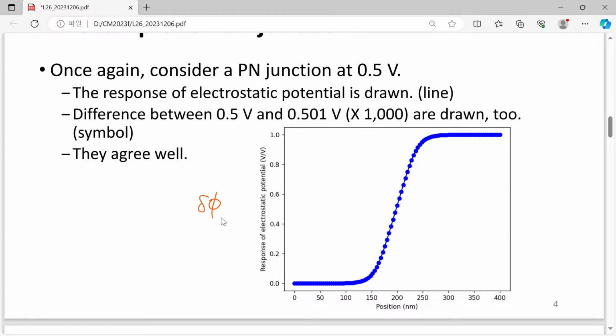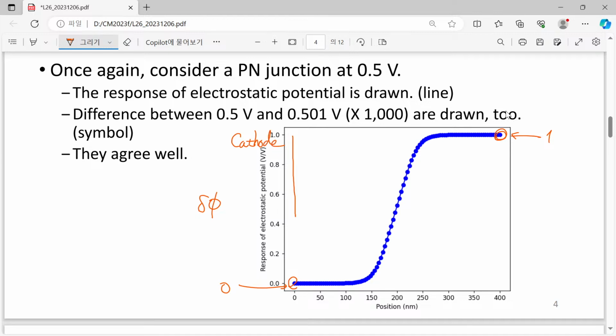And as you can see here, we have value 1 and here we have value 0, because this is corresponding to our cathode and this one is corresponding to our anode.